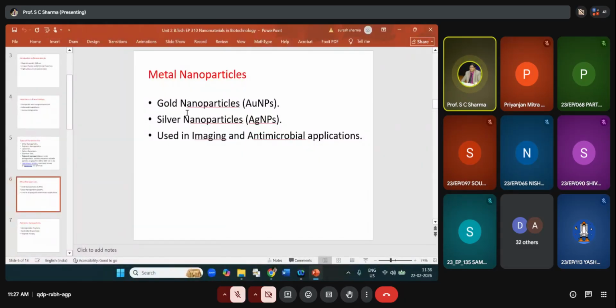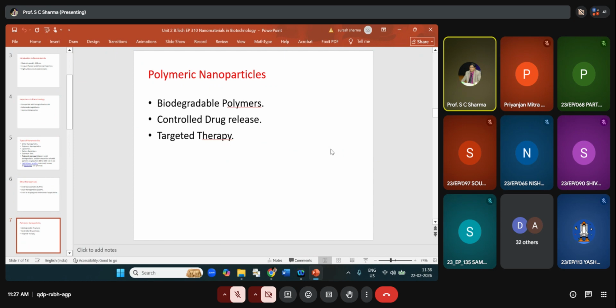Metal nanoparticle, gold nanoparticle, silver nanoparticle, used in imaging and antimicrobial applications. Polymeric nanoparticle, biodegradable polymers, controlled drug release, targeted therapy.